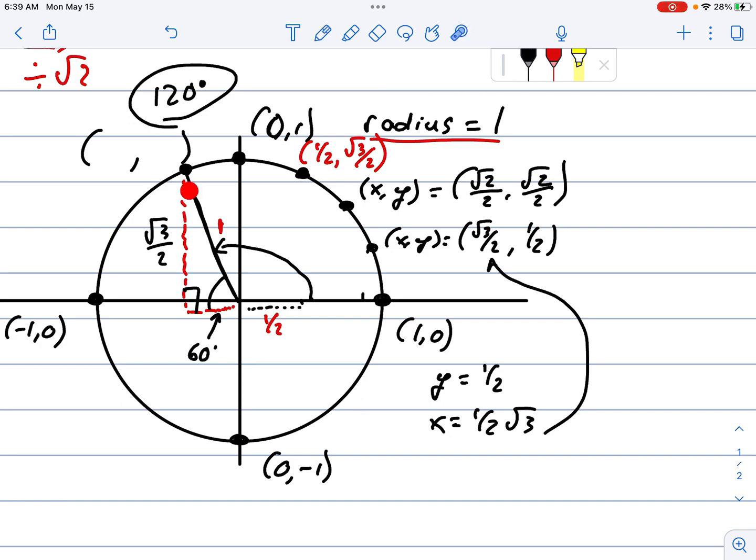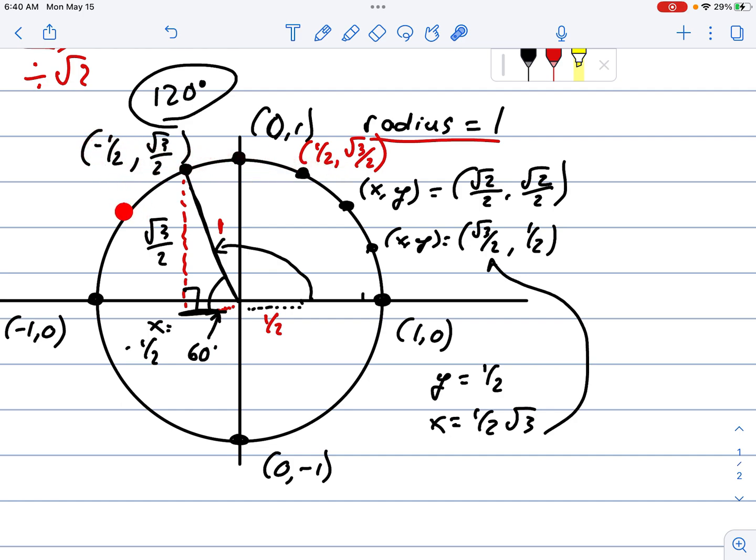That means this is 30, which means at the bottom, my x is 1/2, except it's going to the left on the coordinate plane, so it's negative. I'm going left by 1/2 and up by radical 3 over 2, so negative 1/2, radical 3 over 2. And you see, that's the same as this, just negative.